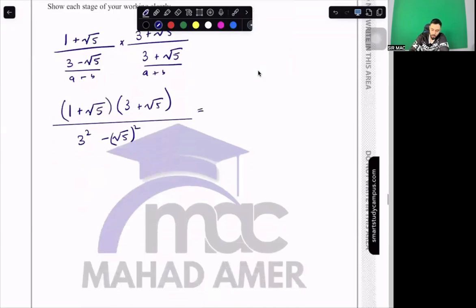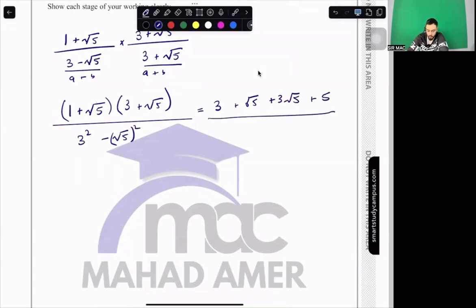The numerator is 3 plus root 5 plus 3 root 5 plus 5, because root 5 times root 5 is just 5, over 9 minus 5.